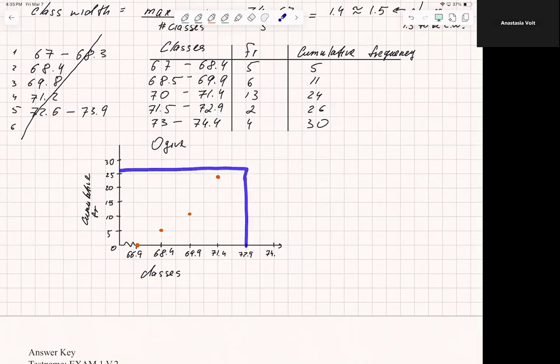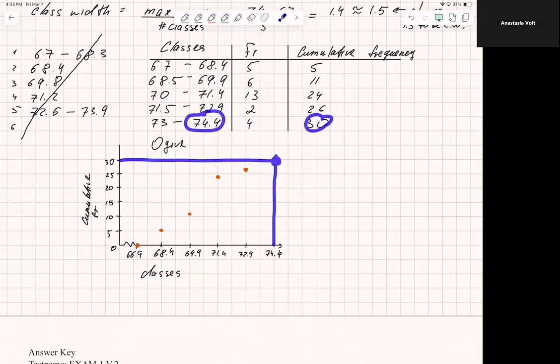So we would mark a point somewhere here. Right? And the last one is 74.4 and 30, right? So that's going to be this one. So it's going to be an intersection right here.